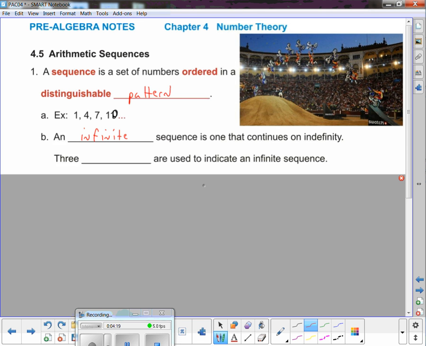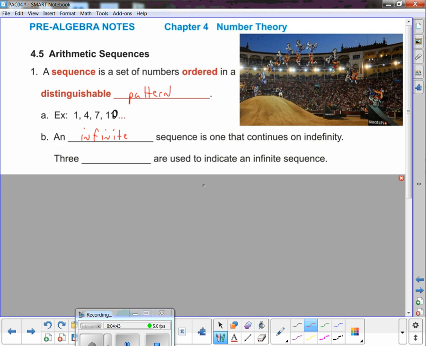And how do you know that? It's because of those 3 dots in the end, and I think we did. See, I have to keep my courses straight. I know I talked about this in Algebra 1. Have we talked about the 3 dots and what they're called? Emily? Close. Ellipses, right. Not an eclipse of the sun or the moon, but an ellipse like elliptical.